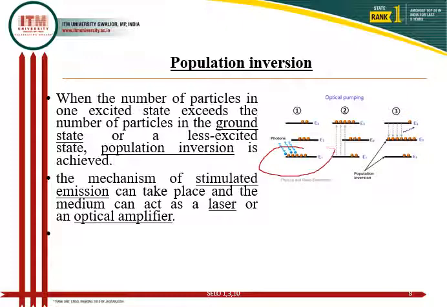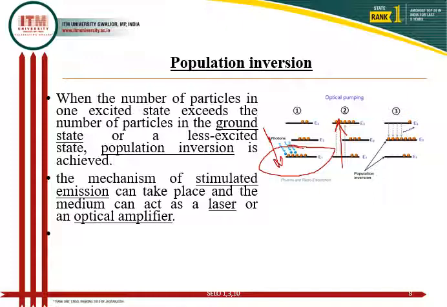You can see here more atoms are there. Now we send photons here. Here we have shown the pumping through optical lights. So whenever you give this, this atom wants to go here. This is called excited state.